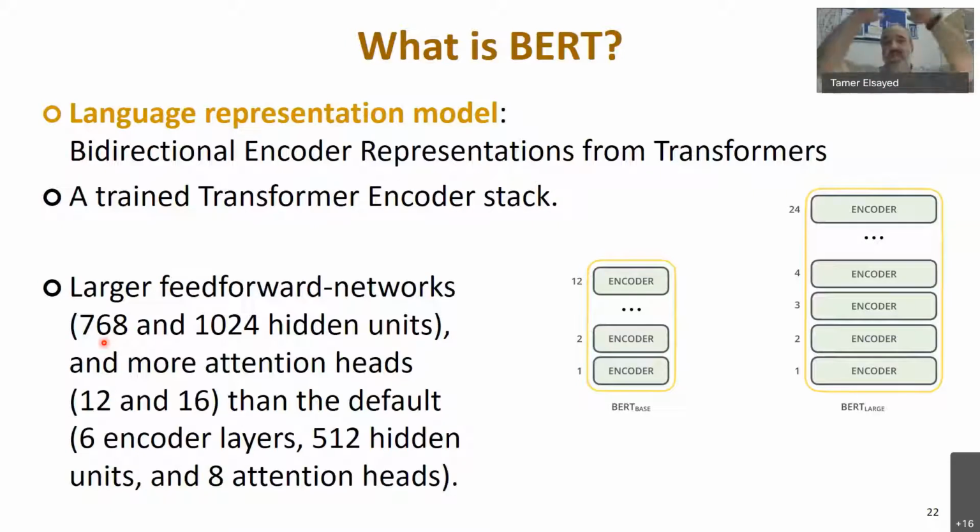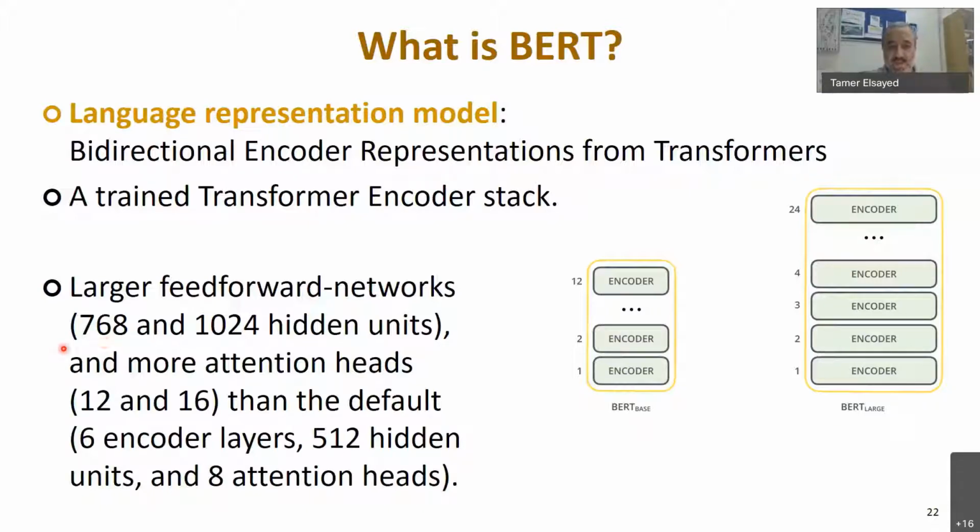The output of the last layer, the output layer, is usually for a specific task, but the embeddings are taken from the last hidden layers, usually. Some studies actually showed that using the output of the other layers might even be helpful. But when we say using the embeddings from BERT, usually we mean the output of the last hidden layer.